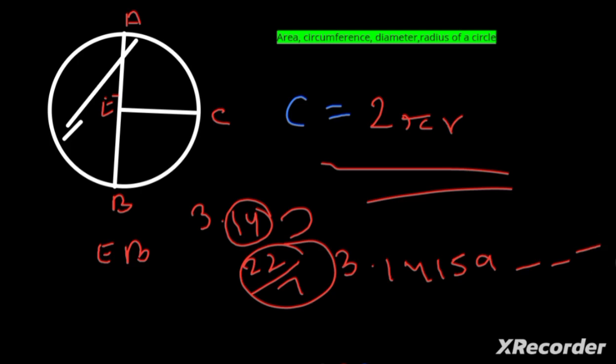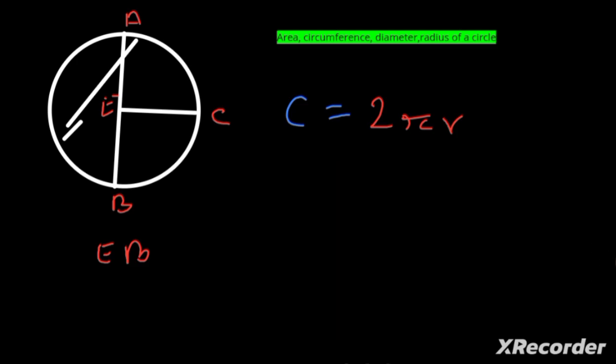So why should we name pi to this number? Pi is a Greek letter. It is the ratio between the circumference and the diameter of the circle. I will explain how.